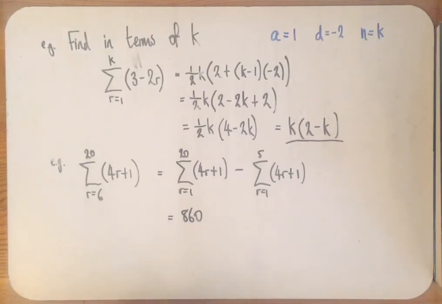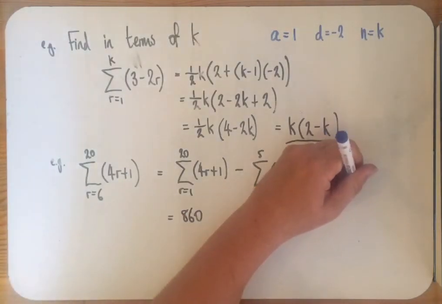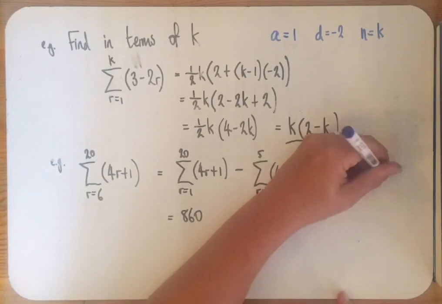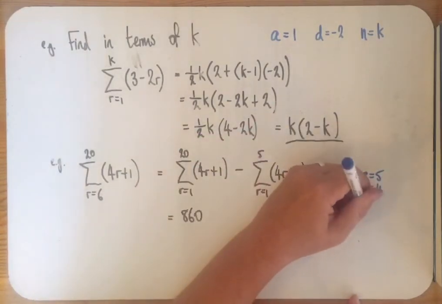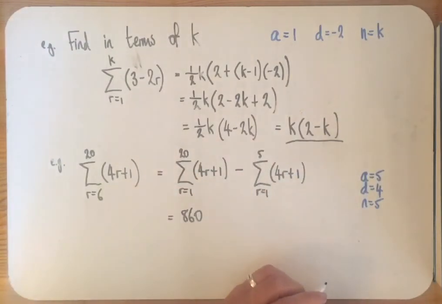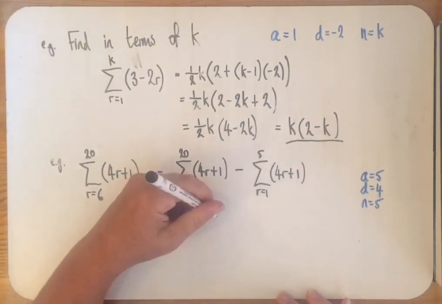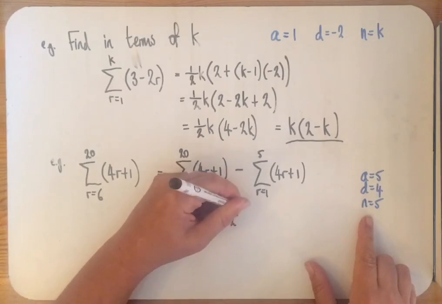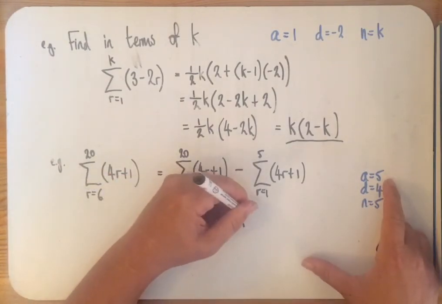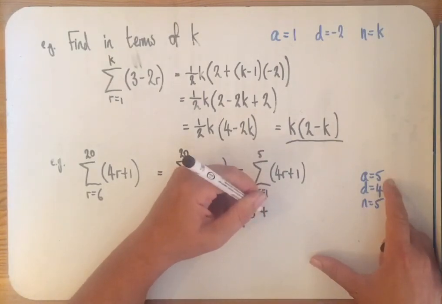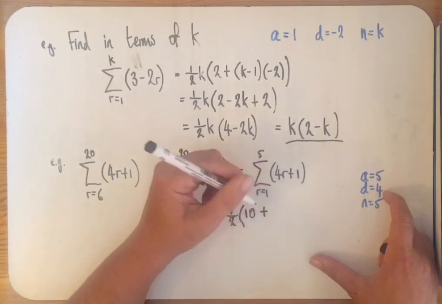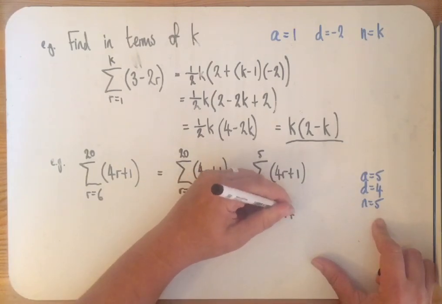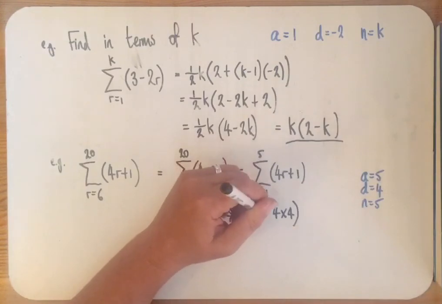And then this sum here, in this case, I've got the first term is equal to 5, common difference is 4, n is equal to 5, and so that sum is equal to half n lots of 2a plus (n minus 1)d. So n minus 1 is 4, sorry, times 4.